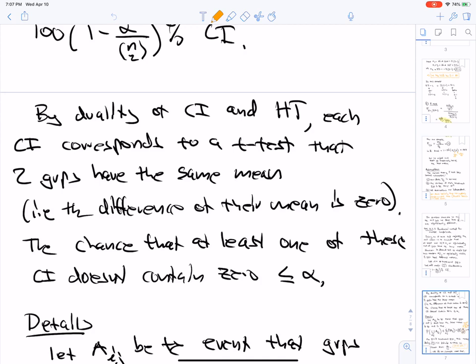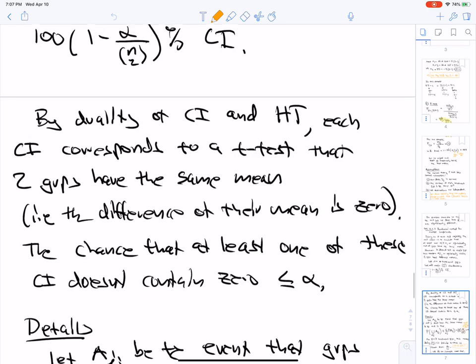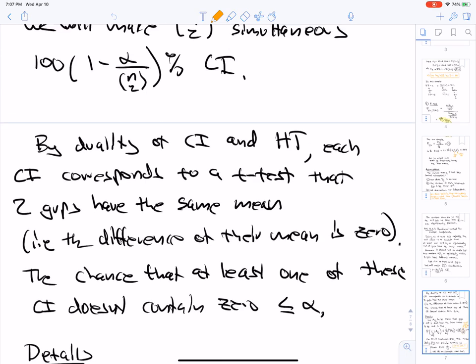So the chance that at least one of these confidence intervals doesn't contain zero is less than or equal to alpha, right? That's what we want. You can just think of it this way: if you were to do that many t-tests, it's likely that at least one of them you would end up rejecting the null.